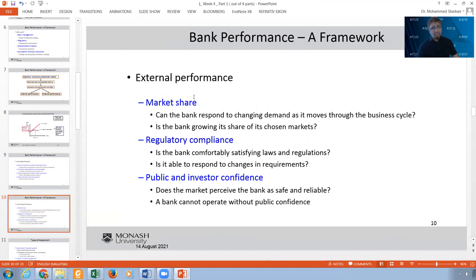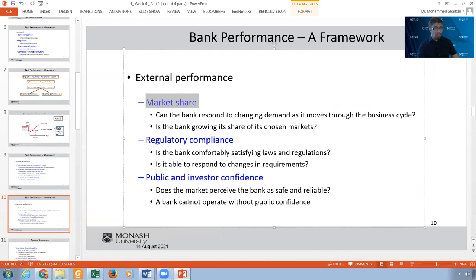Now, what are the external ones actually? The external, some of that is the market share. We want to see how this market share is, and there are some ratios to measure that. Of course, the price, the increase in the price, and the PE ratio, which is the price to earning ratio. This is one of the external performance measures, which is a quantitative one. There is a qualitative one, which is the regulatory compliance, how we are complying with the regulations.